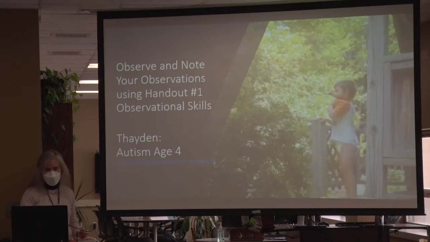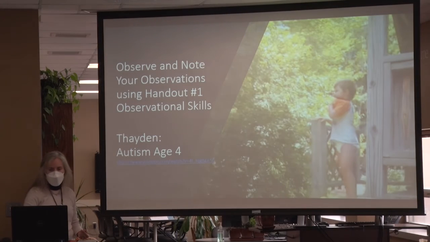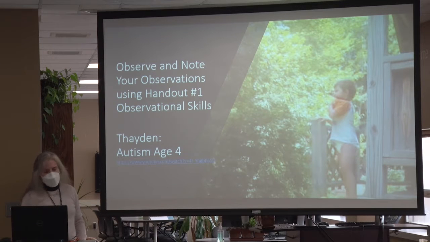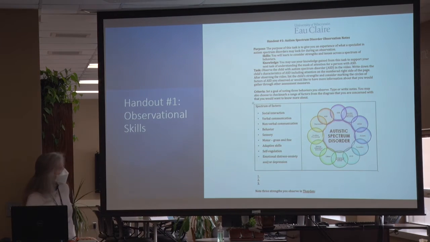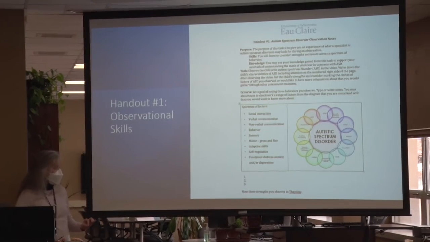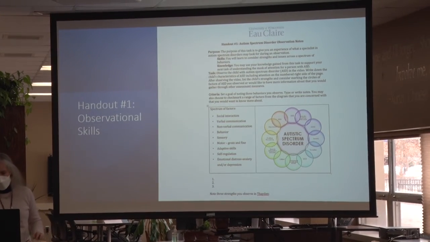Okay, so what I'm going to have you do is watch a video just to practice your observational skills. So we're going to watch Jaden and get a feel for what you think is going on with his attention. While you're doing that, I'm going to give you a couple ideas. Just take a look here. We've got those areas of concern. And I want you to observe those areas as well as identify strengths for this child.